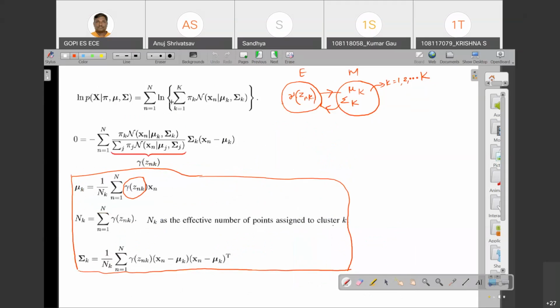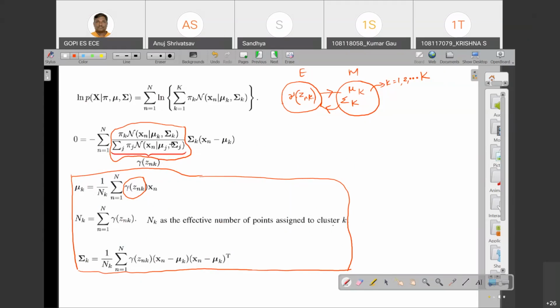So if I differentiate with respect to mu k and set it equal to 0, you get the result for mu k and sigma k in terms of this gamma, by introducing the parameter called gamma. This is called gamma of z and k. We are introducing this as gamma here.